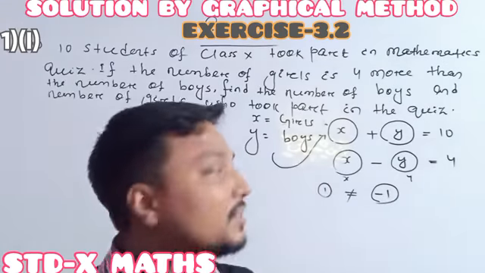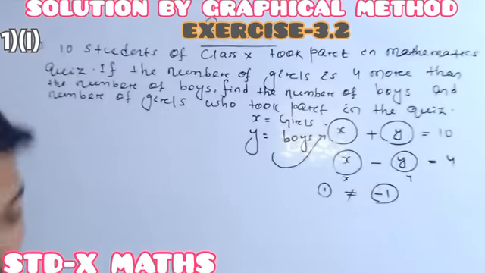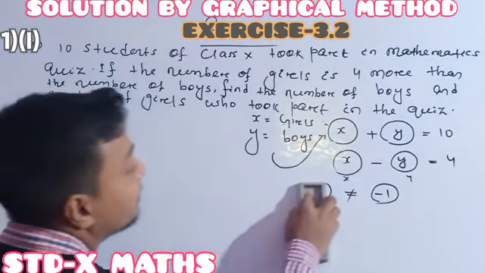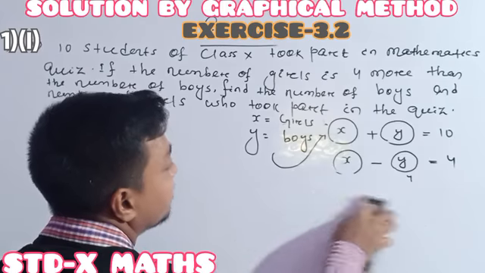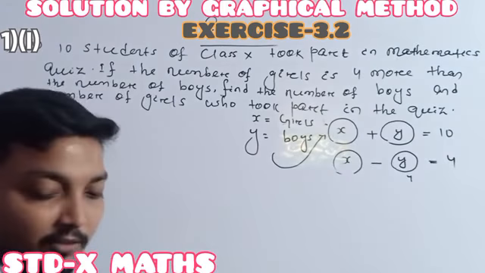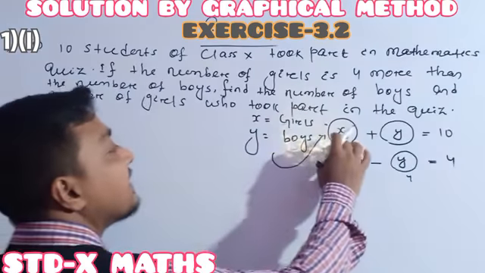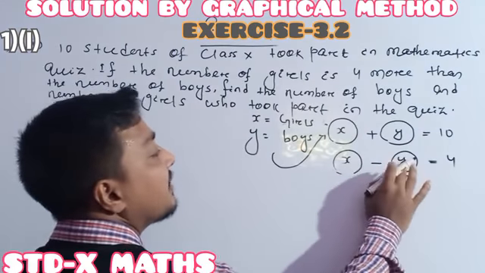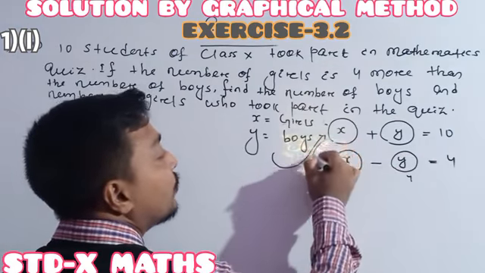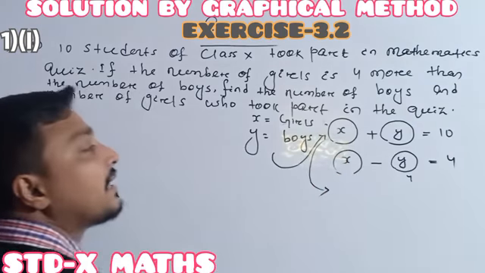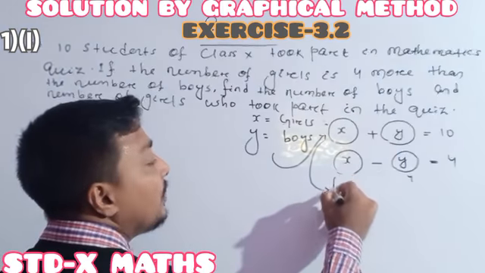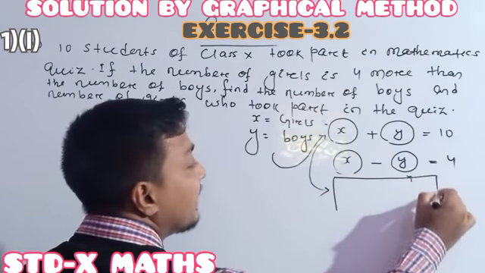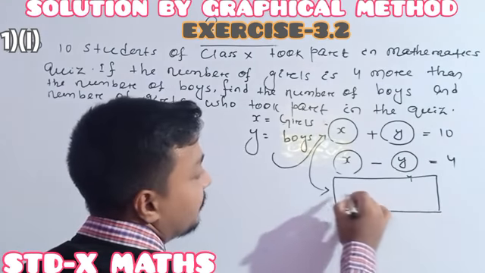Understood? See here, one linear equation is x plus y is 10. Here it is x minus y is 4. To draw the graphical representation of the first linear equation, we must formulate a table.